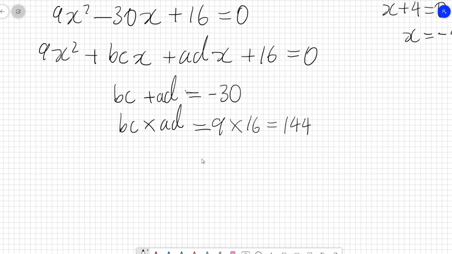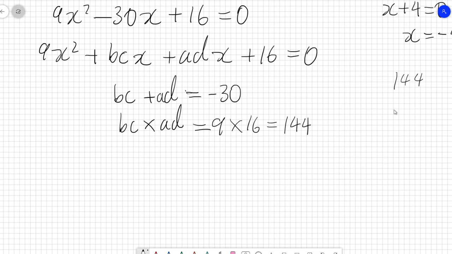Okay, now which two numbers satisfy this condition? Feel free to pause and think about it. The quickest way to do it is actually just to list out the factors of 144. We want to identify which pair of 144's factors has a sum of 30.